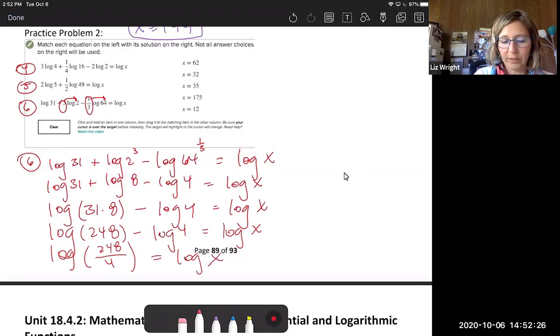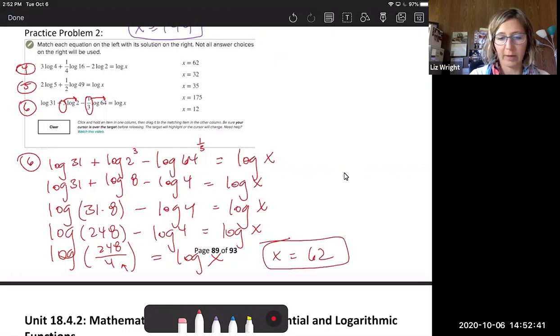And now you're ready to do some dividing here. So 4 is going to go into 24, I almost said 8 times, that's not right, 6 times, and then into 8 2 times. So we should be getting x equals 62 for that one. And good, there's an answer that matches 62 for that.